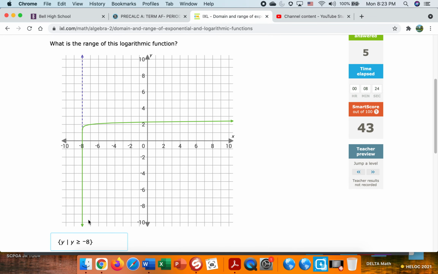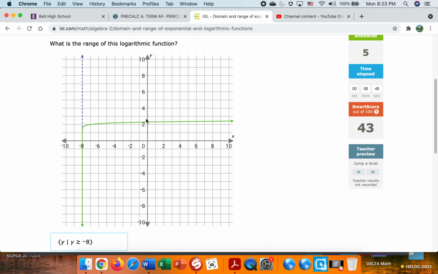The range, okay. And the same thing here, see? This line is limiting the x. It's not limiting the y. So from the y, it's coming from all of the negative infinity numbers, right? Because it's asking for the range. So from negative infinity, and actually what?